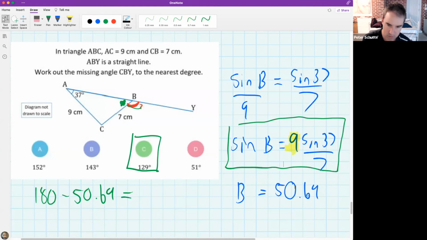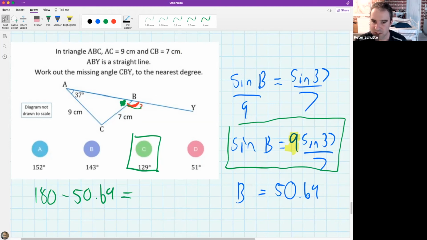If you go shift sine, shift sine, you should get that. Yeah. Okay.